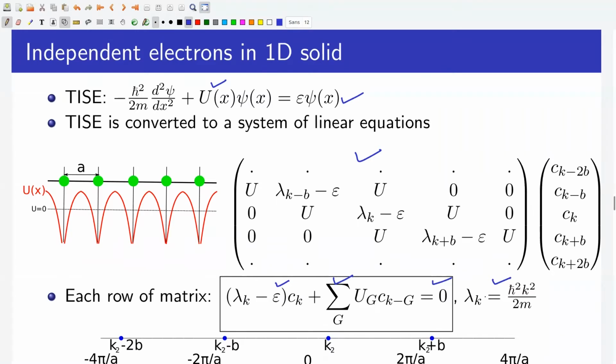Let us verify the third row of the matrix. We have (lambda_k minus epsilon) times c_k plus U times c_(k minus b) plus U times c_(k plus b).